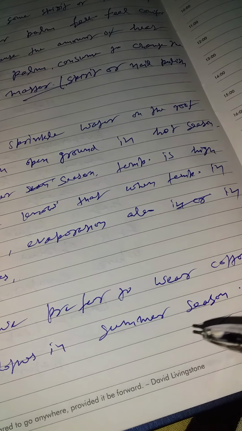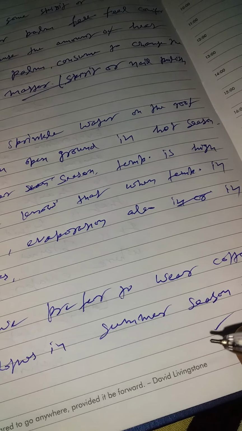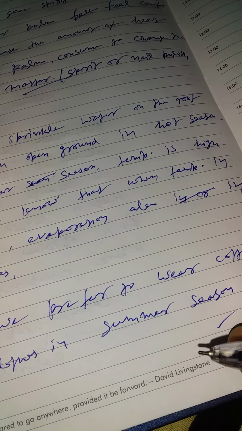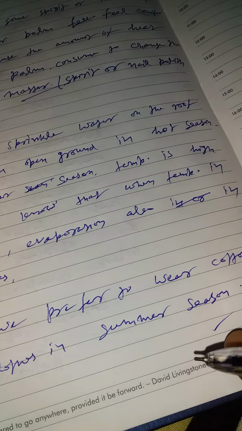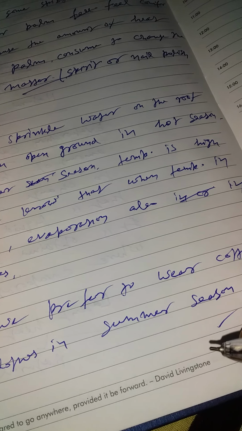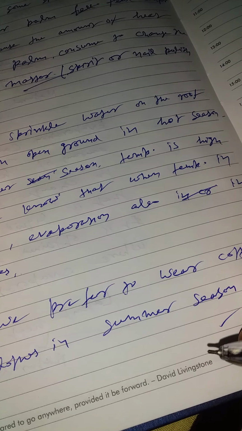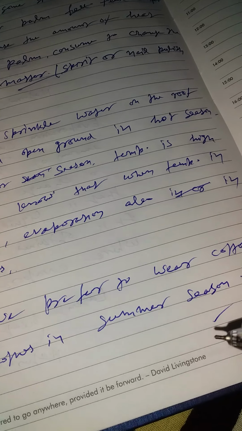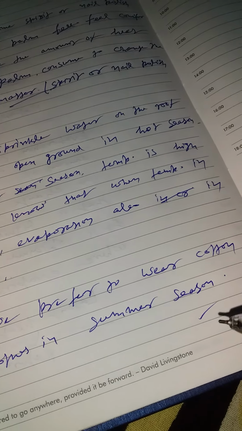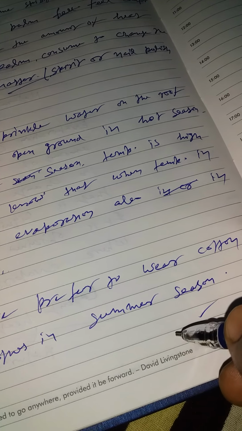Our body heat is consumed to change the sweat from liquid form to vapor form, and evaporation takes place, and this evaporation causes cooling, because heat energy is required to change the state of matter. That's why we feel comfortable, cool. That's why we wear cotton cloth in the summer season.